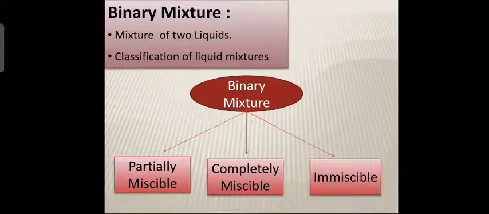They are miscible with one another to a certain extent only. Completely miscible, the two liquids are soluble in one another to 100%. Whereas in immiscible liquids, they do not mix at all. Therefore, they form two layers.